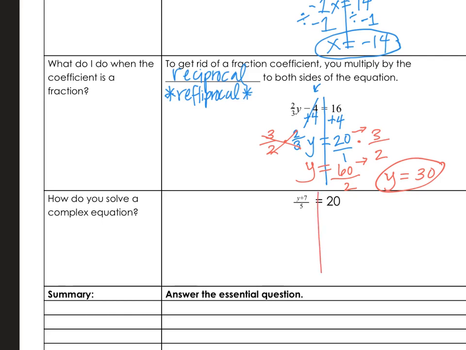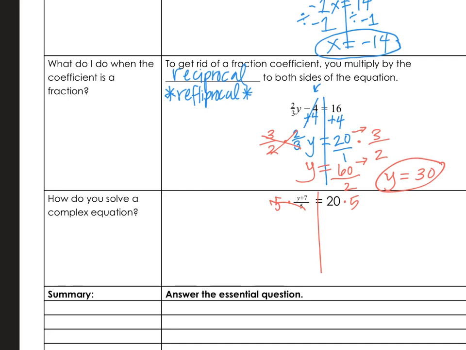And since this fraction has a 5 in the denominator, then that means on the left-hand side, we're dividing by 5. In order to get rid of it, we need to multiply by 5 on both sides. Okay, so dividing by 5 and multiplying by 5, those are going to cancel out.